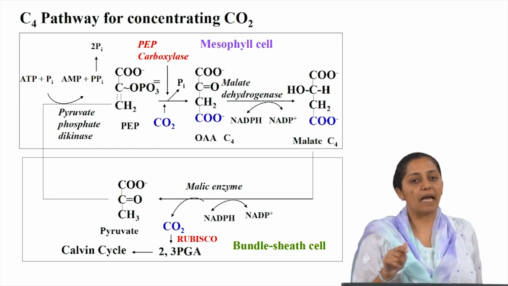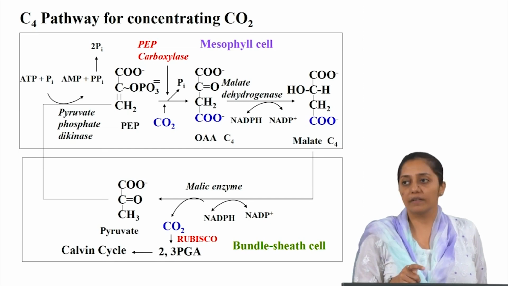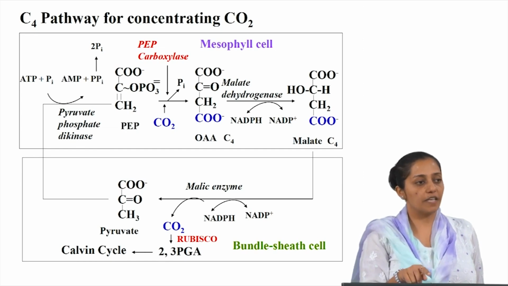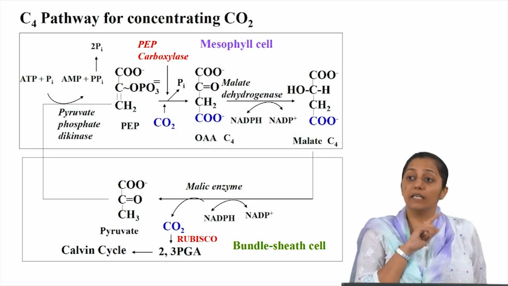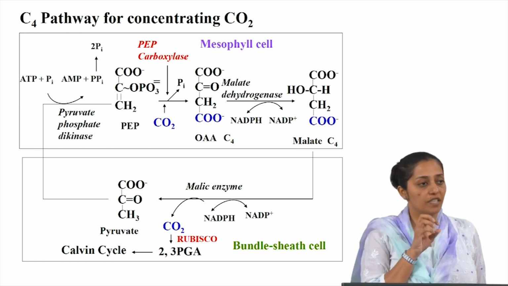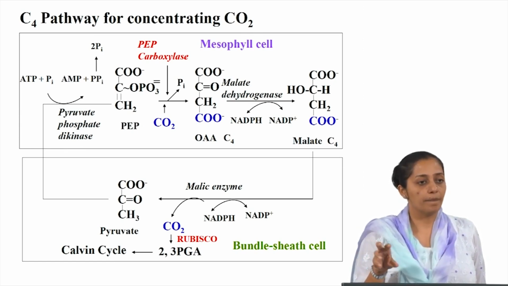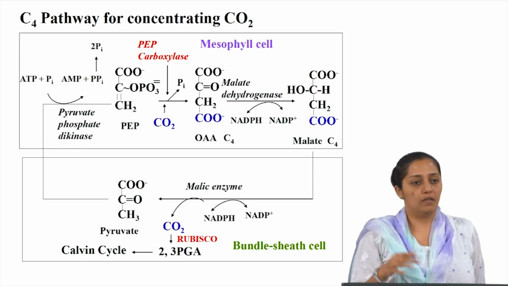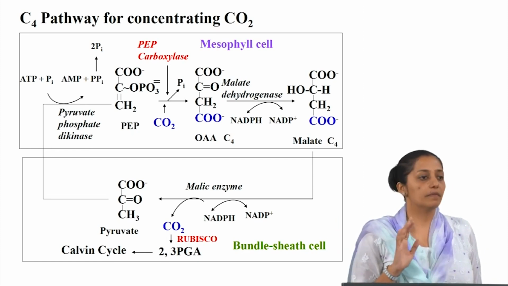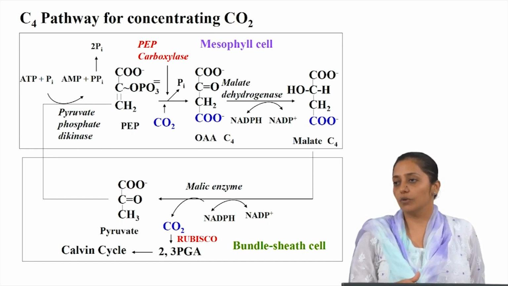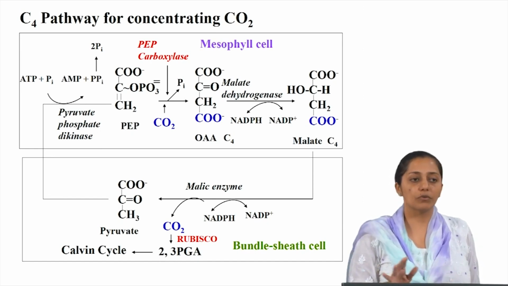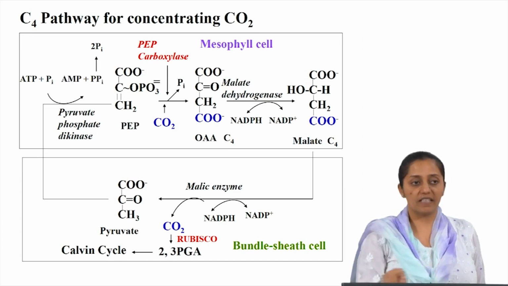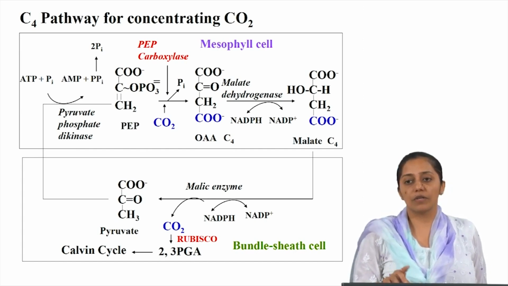Now, what happens in CAM plants? I have already spoken about it. It is temporally different. The CO2 fixation into malate happens at night, where CO2 is taken in and converted into malate.